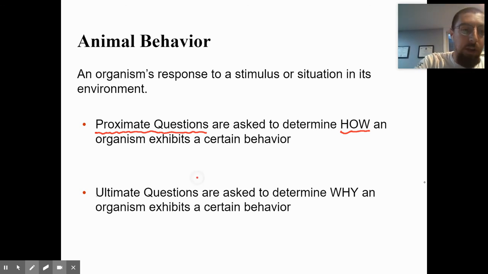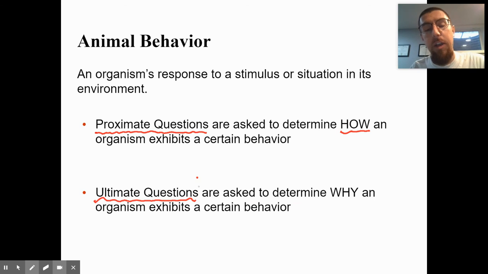The ultimate questions we can ask when it comes to an organism's behavior deal with why an animal does the behavior it does. As you may have been able to guess, because the fiddler crab is waving its claw around to attract a mate, it's doing that behavior in the hopes of reproducing.